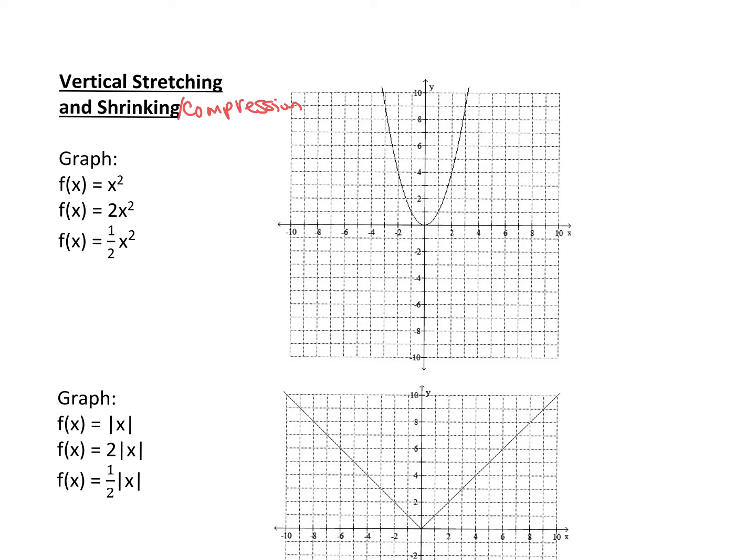Okay, so it's all about the multiplication of the parent function. That's what causes a vertical stretch or shrink. So when I see this 2x squared, it's really 2 times x squared, and that's what causes my vertical stretch.